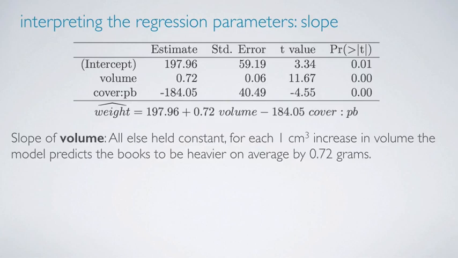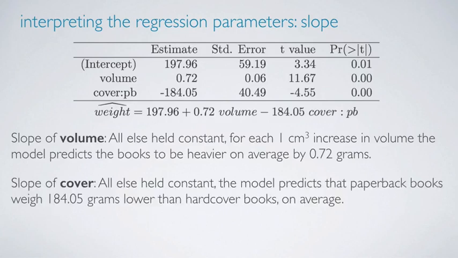Simply what this is saying is that if we were to keep cover type constant, so either for books that are hardcover or books that are paperback, but not comparing one group to another, each 1 centimeter cube increase in volume is predicted to be associated with a 0.72 gram increase in the weight.